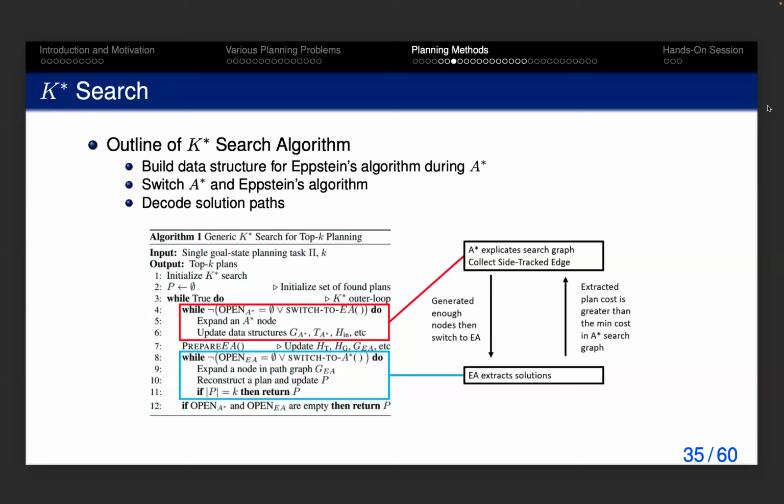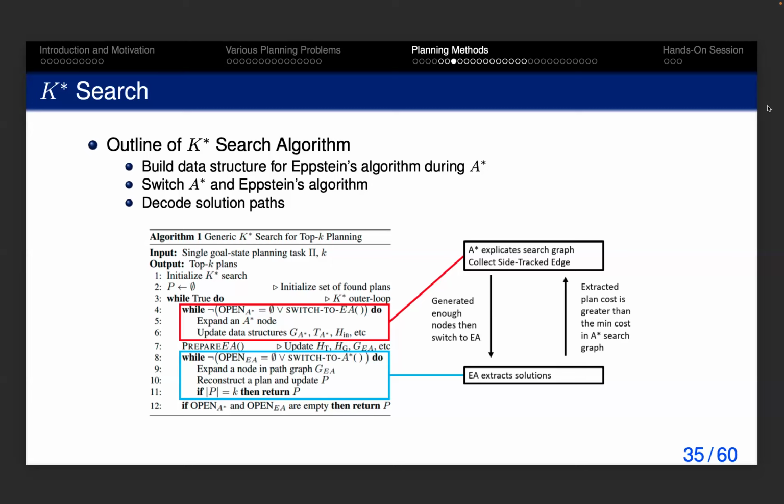The first one is to build the necessary data structure for running Epstein's algorithm during A-star search. So it essentially alternates A-star and then Epstein's algorithm, and it has to switch between them. Once you reach the Epstein part, then you decode solution paths and so on.